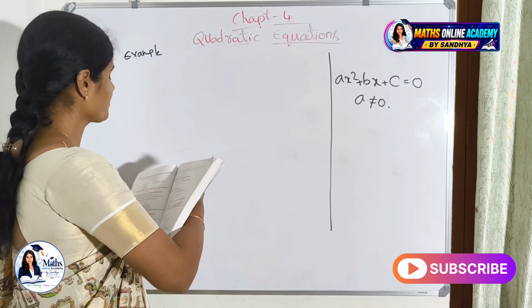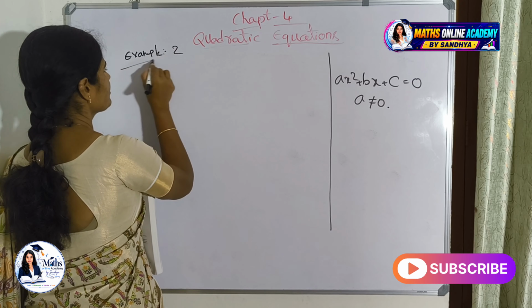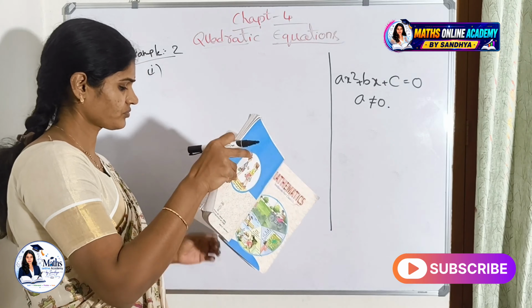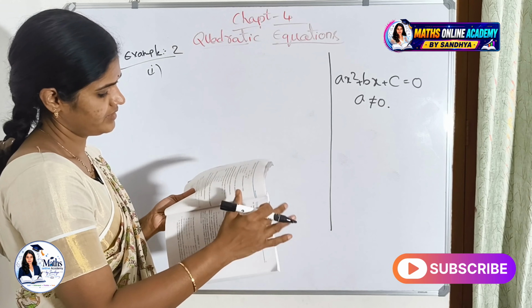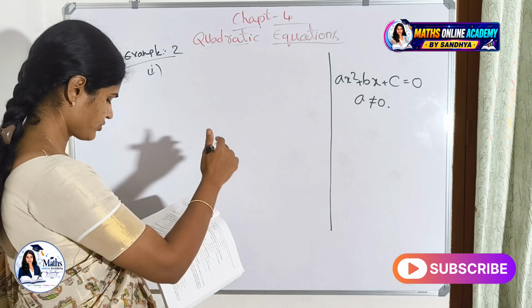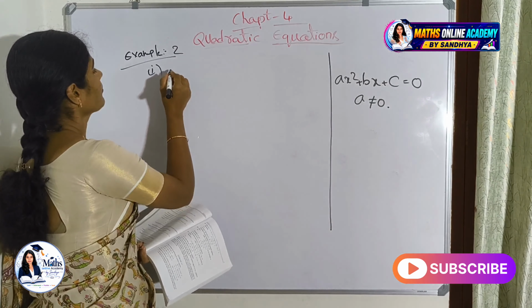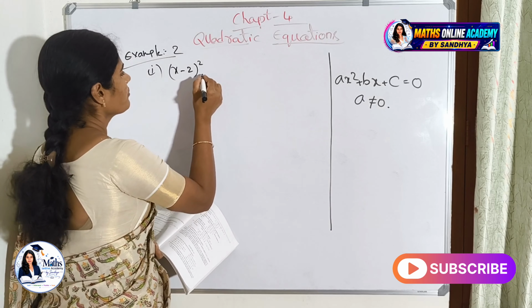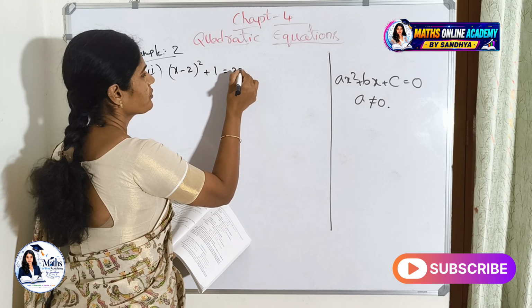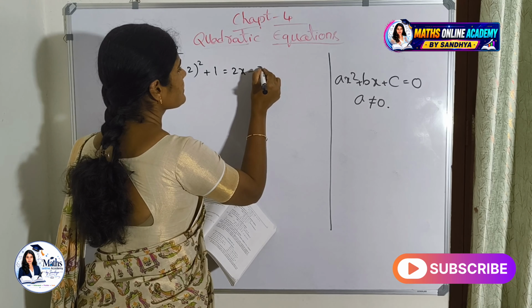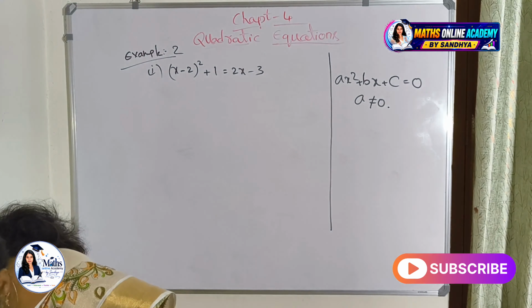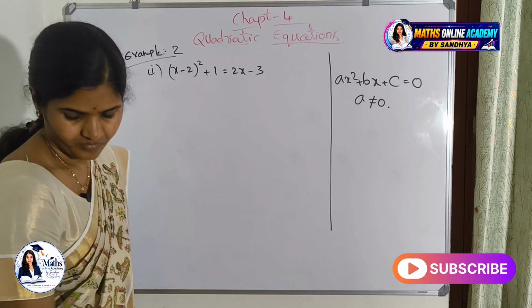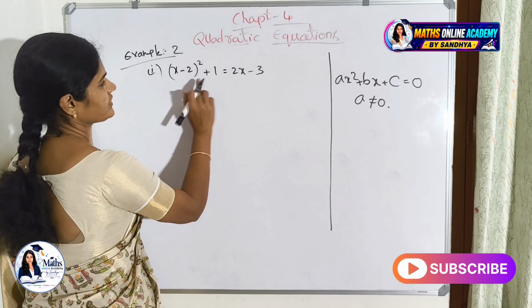In example 2, first question: x minus 2 whole square plus 1 equal to 2x minus 3. Take LHS and RHS.